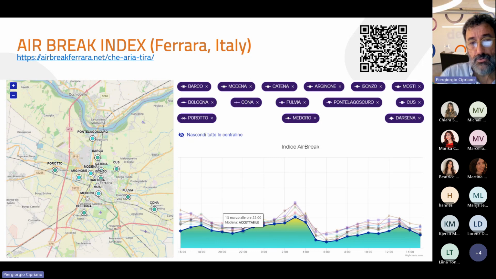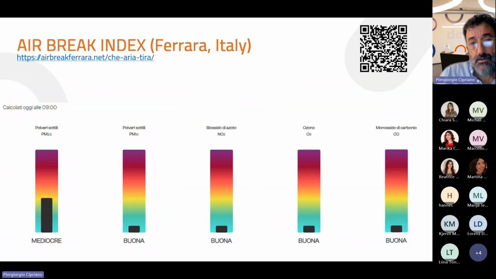It is possible to filter and select one or more stations, but there are also other JavaScript widgets included in this web page that present the user in a simple way the specific situation for each parameter that is used for calculating the index. So in this case, PM2.5, PM10, NO2, ozone, and CO.